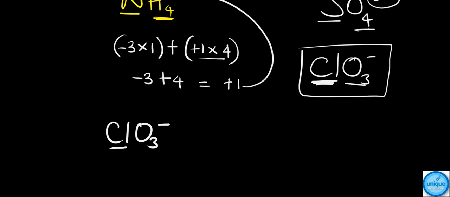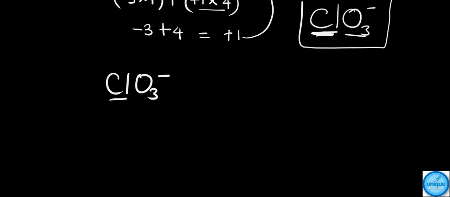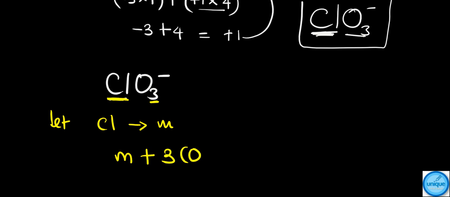To find the oxidation number of this one, we can say let the oxidation number of Cl be M. Since there is one Cl, it is M, then plus oxygen, there are 3 of them, so 3 times the oxidation number of O, then the answer gives -1.